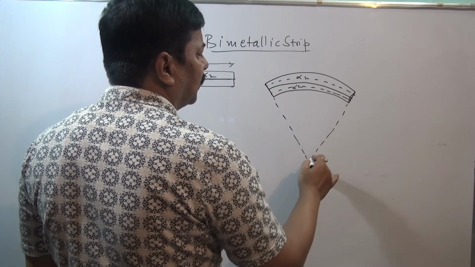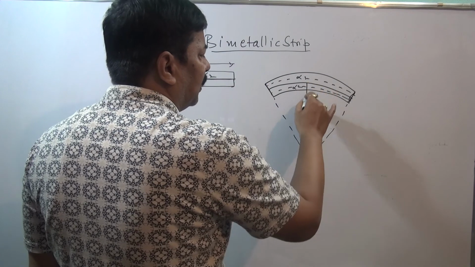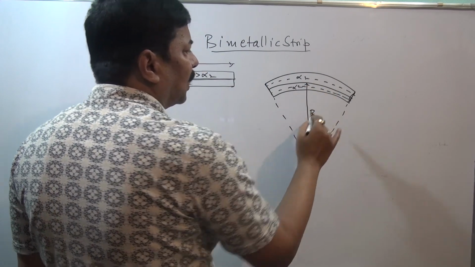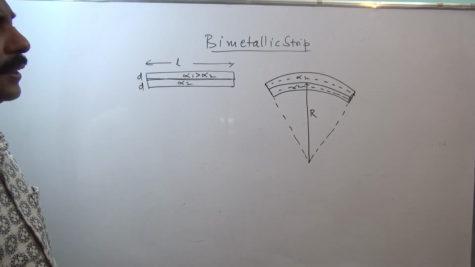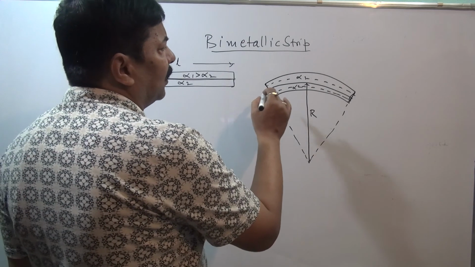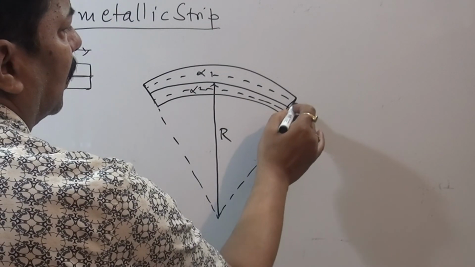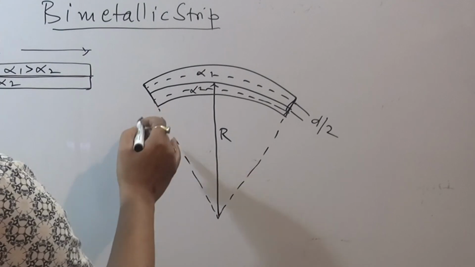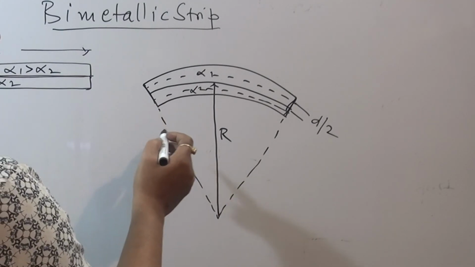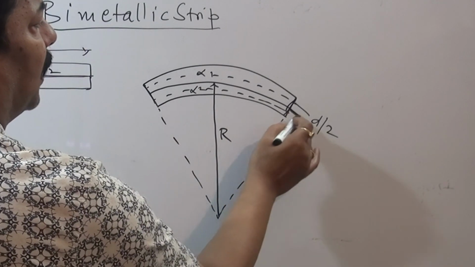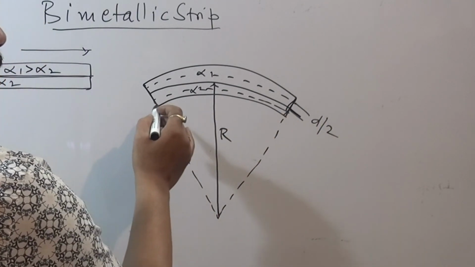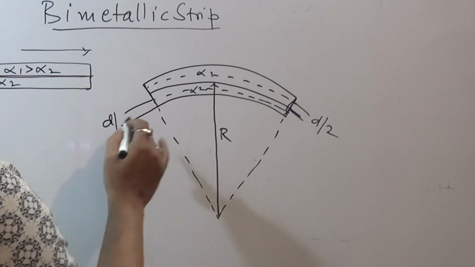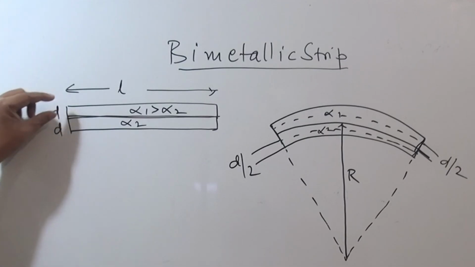This tells about the radius and I want to find this radius. This will be d by 2, and at the same time from the middle, from this side, this will also become d by 2 because this is d, this is d.